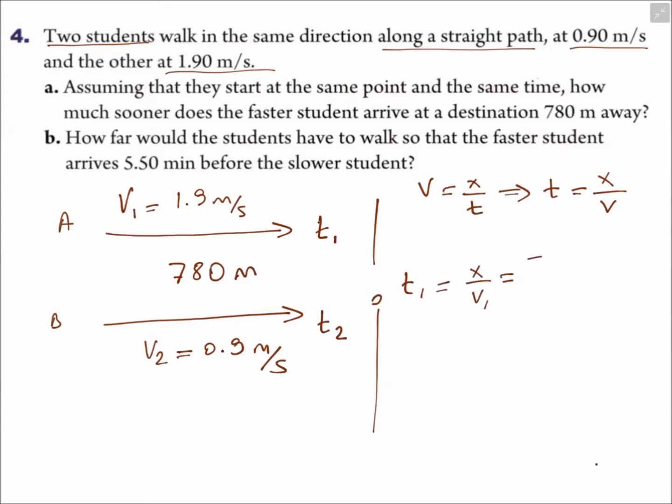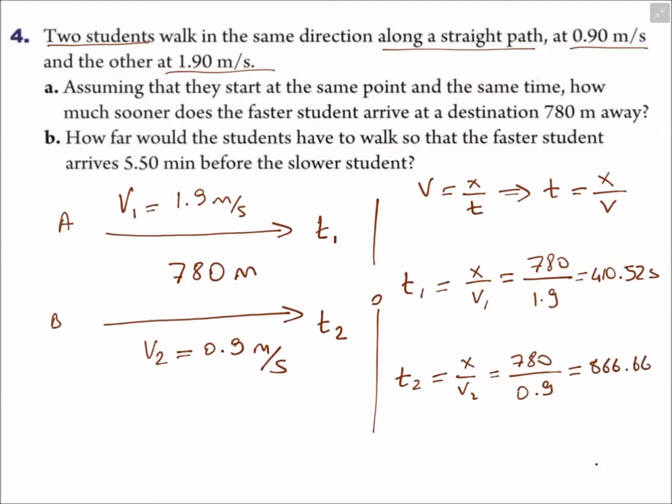x is 780, v1 is 1.9, and it will be 410.52 seconds. And t2 is x over v2, and it will be 780 over 0.9. That result will be 866.66 seconds.